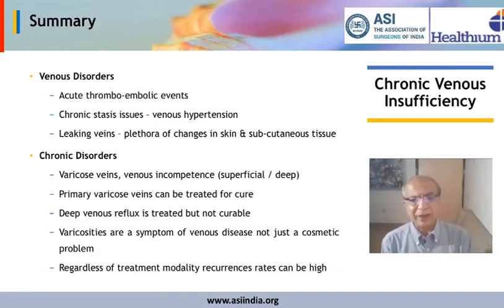So in summary, friends, ladies and gentlemen, members of the Association of Surgeons of India, I hope I have been able to convey that venous disorders include acute thrombotic events, which was not the subject of the talk this afternoon.